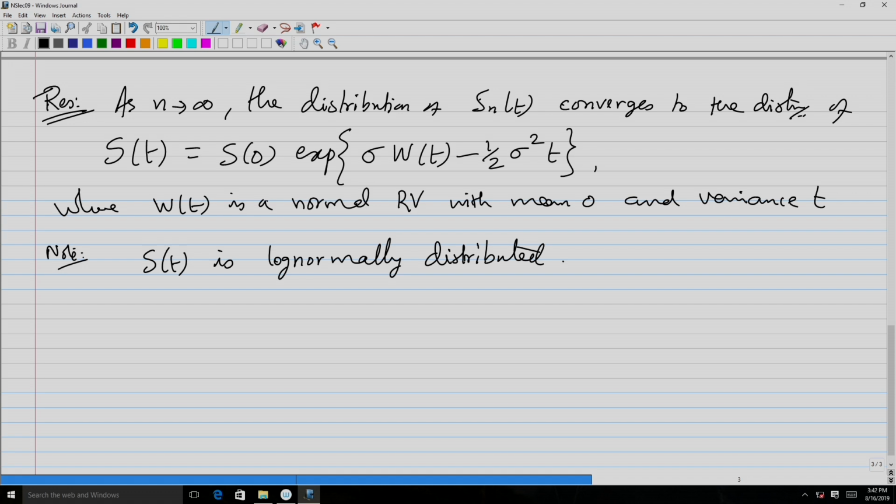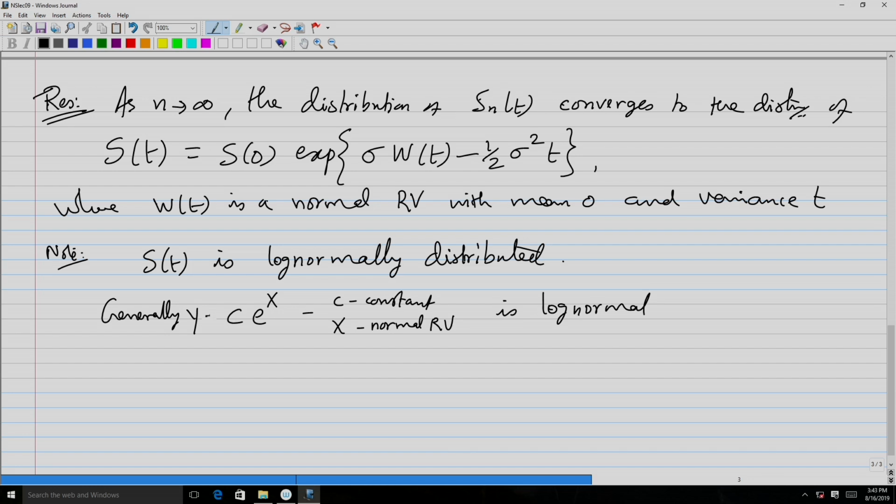So, anything of this form is what is called the log normal. If you want to see it generally, any random variable of the form c to the power e to the power x, where c is a constant and x is a normal random variable, is log normal, which means this Y is in this form.